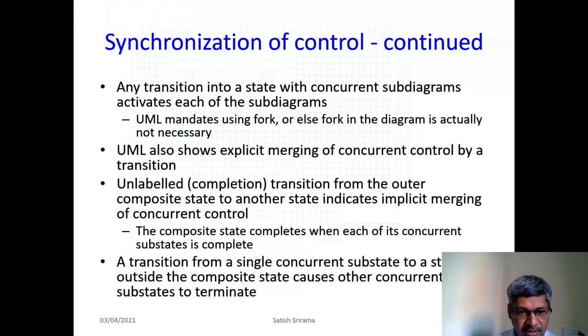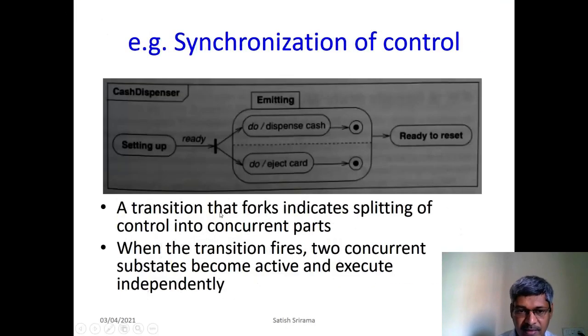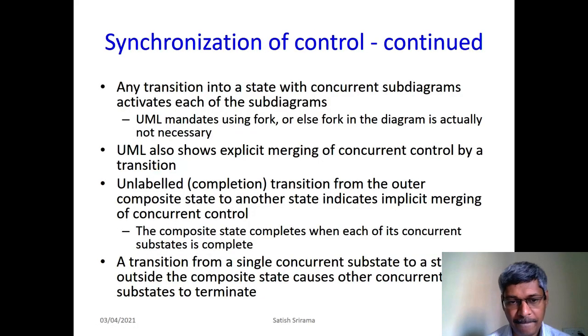Like the fork, where lines go out, here you will have a merge, which is called a join. You will have these lines coming in. UML would actually need it. UML also shows explicit merging of concurrent control by a transition.